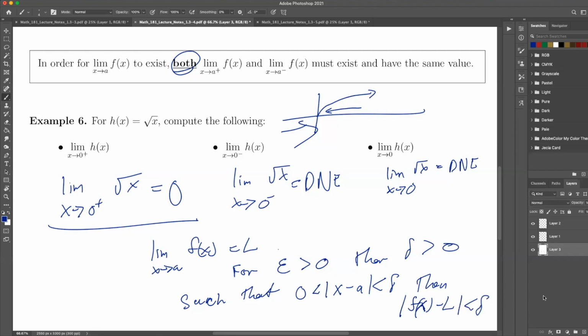So this is called the epsilon delta limit.